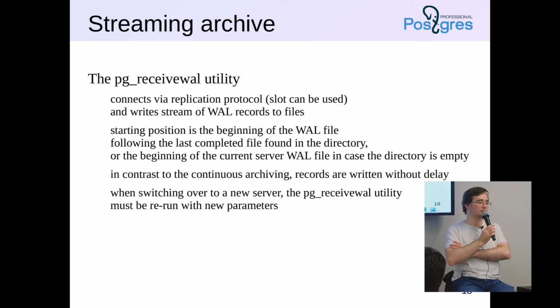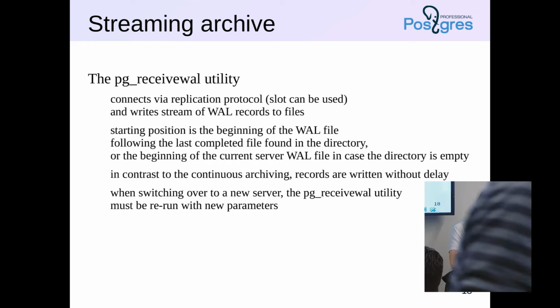So you can get a streaming archive. In this case, you will get your WAL records without significant delays. Continuous archiving copies completed segments, 16 megabytes.